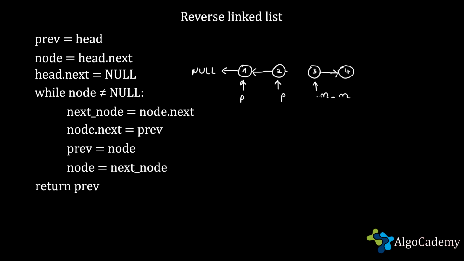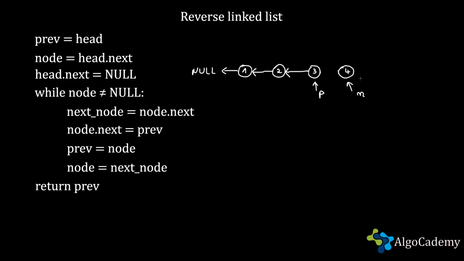So prev here, node here. Node is still not null. Next node is gonna be this one. Node.next = prev. So this link is being replaced by this one. Awesome. Prev = node, node = next node. So here I'll have the new prev and the new node. Node is still not null.